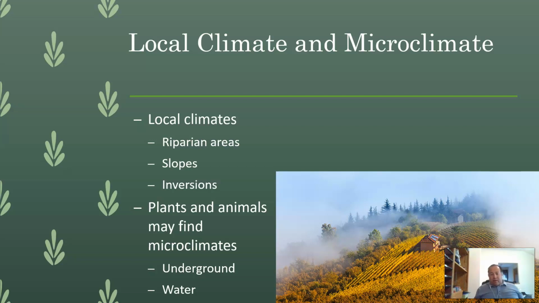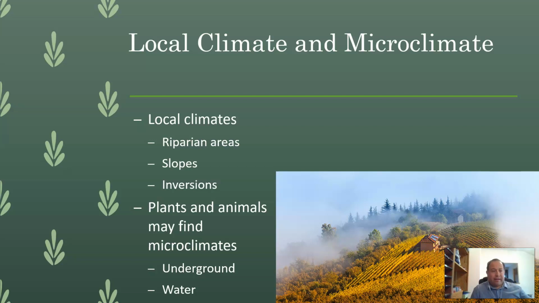And then with all areas, you can get a lot of local climates and microclimates. So if you have a riparian area, if you've got all sorts of different slopes, if you get inversion layers, which is where you get a random temperature pattern.